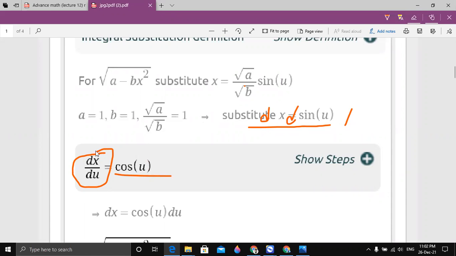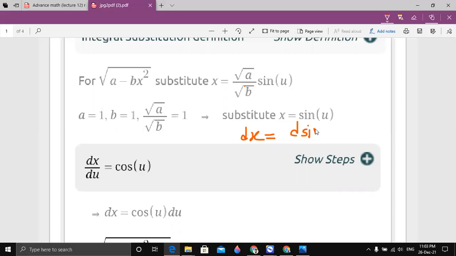Okay, let me clarify it. dx equals d sine u. So d sine u means the derivative of sine u, du, right? The derivative of sine u is cos u, so cos u into du.